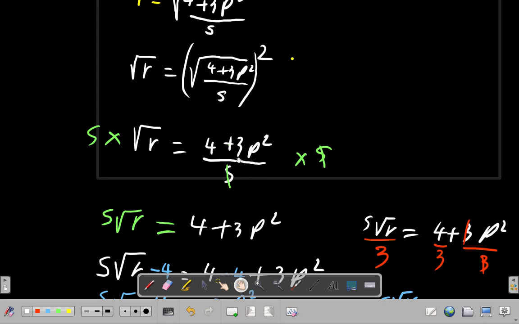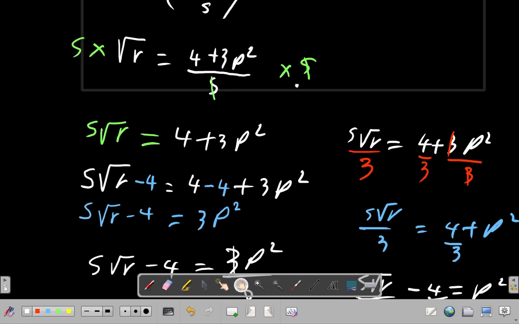If you divide by 3 here, you will have the s and the 3, and so on and so forth. You don't want it to be too mixed up and crowded with too many figures and numbers. So it's safest to multiply by s here, then subtract 4, then divide by 3. Alright?